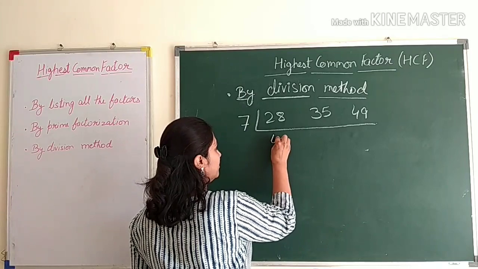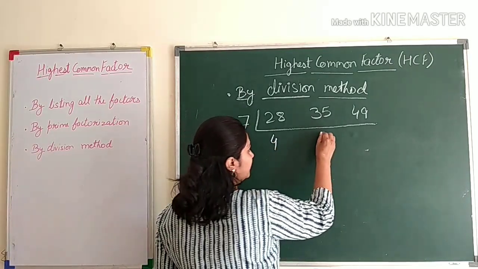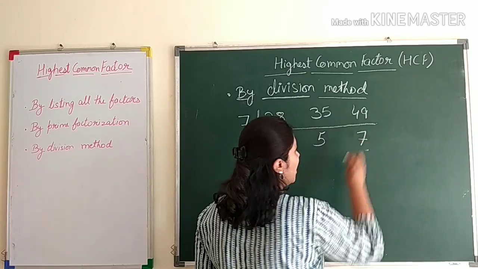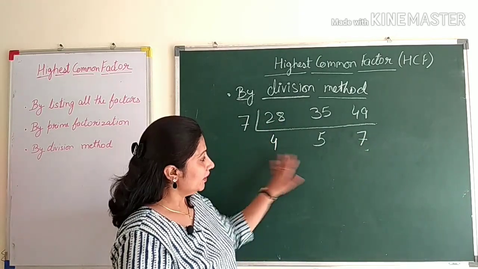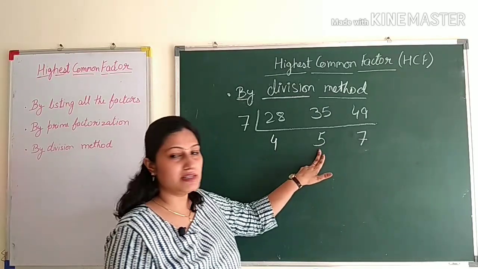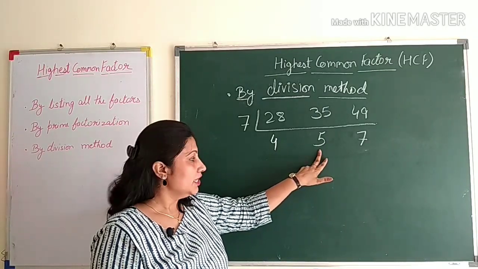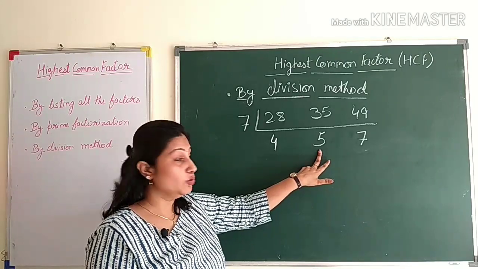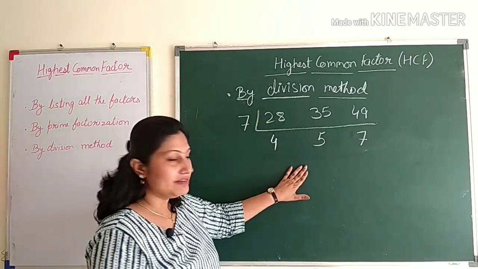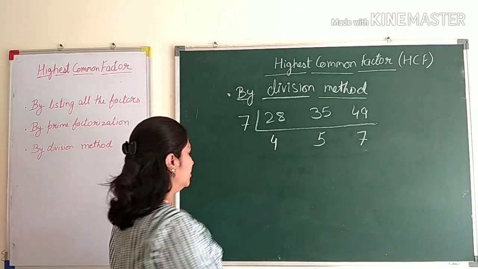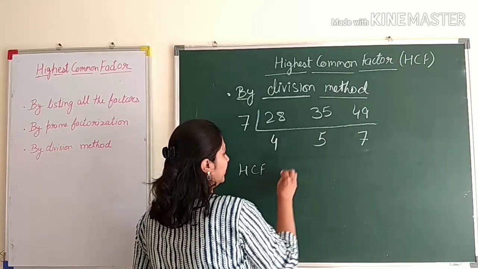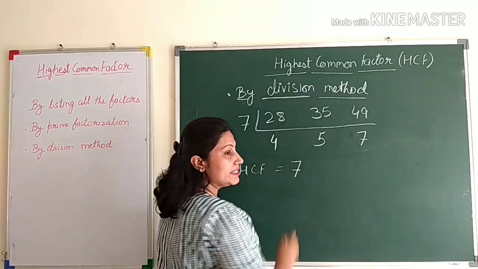So 7 4s are 28, 7 5s are 35 and 7 7s are 49. Here again you can see out of these three numbers, these two numbers are prime numbers. It means there is no further common number with which I can divide these numbers together. So we will stop the further division. So the HCF of 28, 35 and 49 will be 7 only.